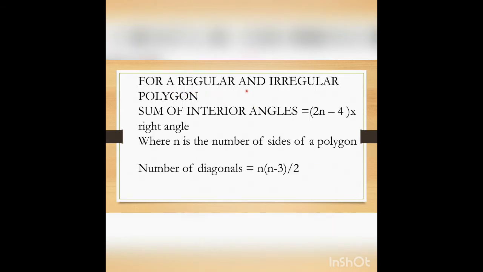For a regular and irregular polygon, sum of interior angles is given by (2n minus 4) into right angle, where n is the number of sides of a polygon. Another formula for number of diagonals is n(n minus 3) upon 2, where again n is the number of sides of a polygon.